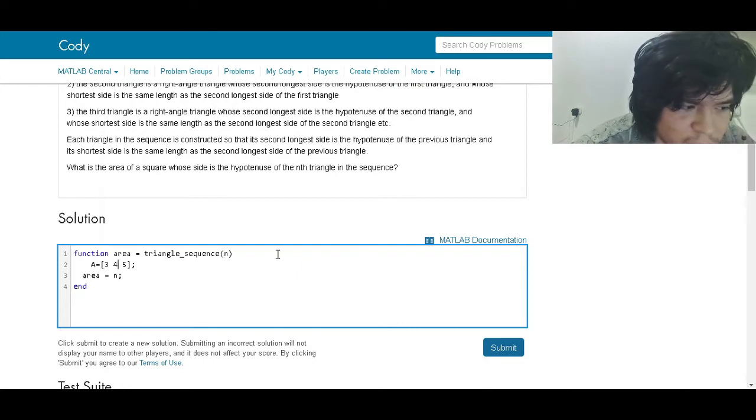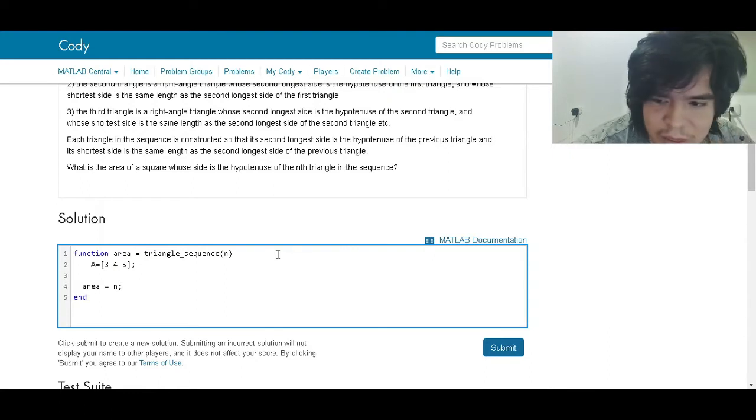The second value is the second longest side, and the last value is the hypotenuse of this triangle. Each row is going to be a triangle. So the first row is going to be the first iteration, which is the 3, 4, 5 Pythagorean triangle, and now we're going to have to construct the next one.